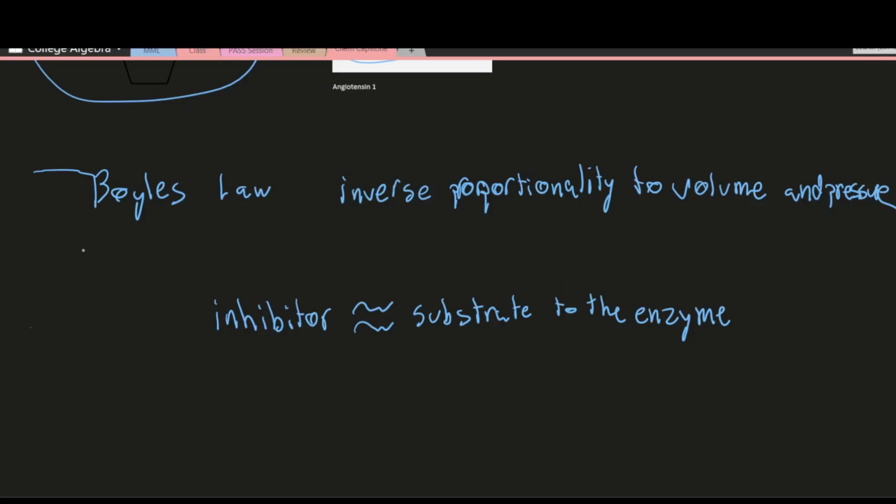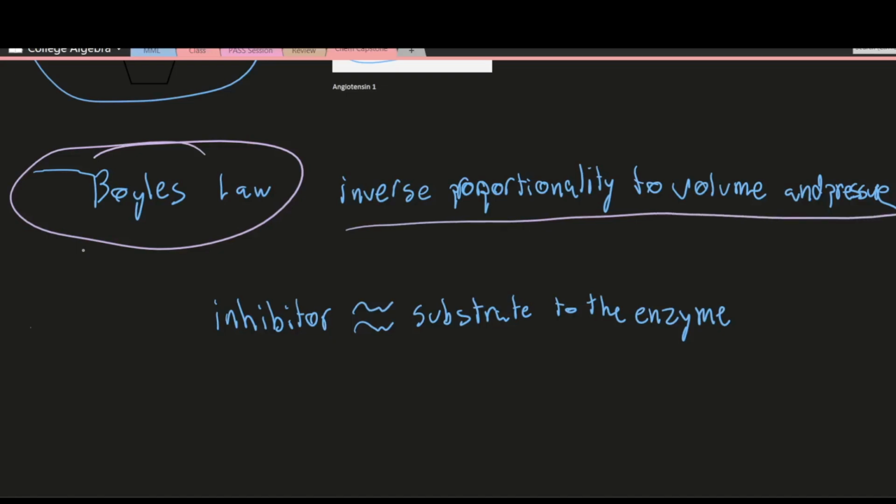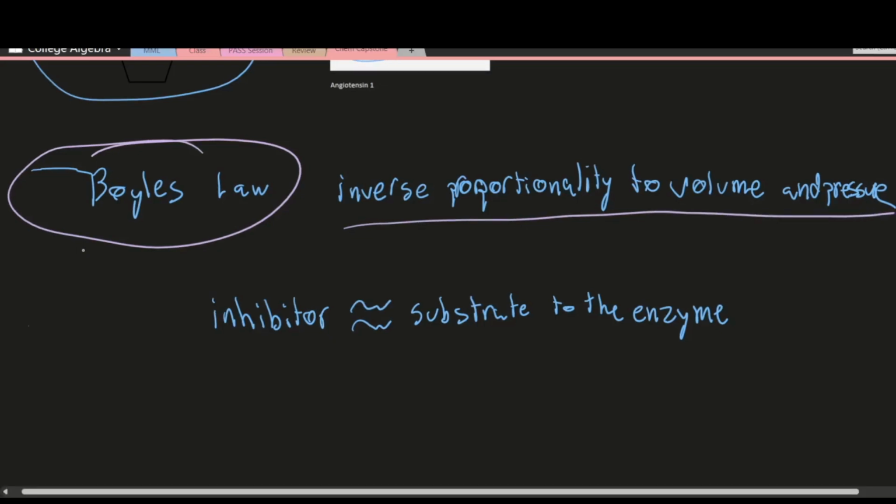I think that the main connection we can make to the course is the appearance of Boyle's law, which in this whole scheme of things demonstrates the inverse proportionality between volume and pressure.